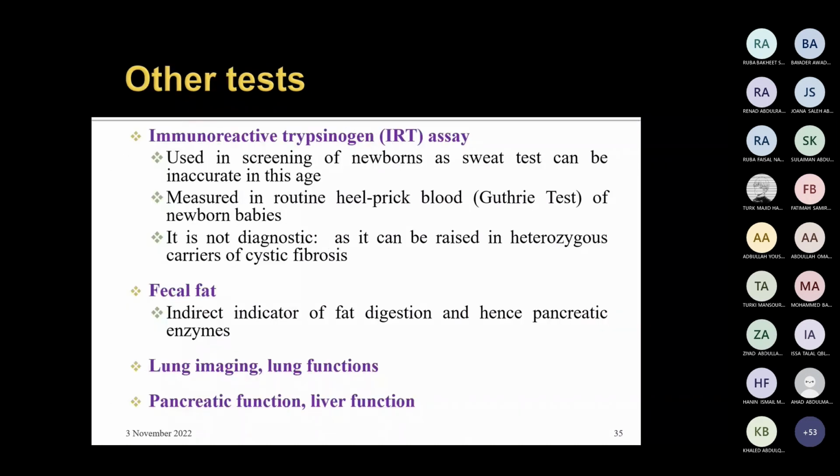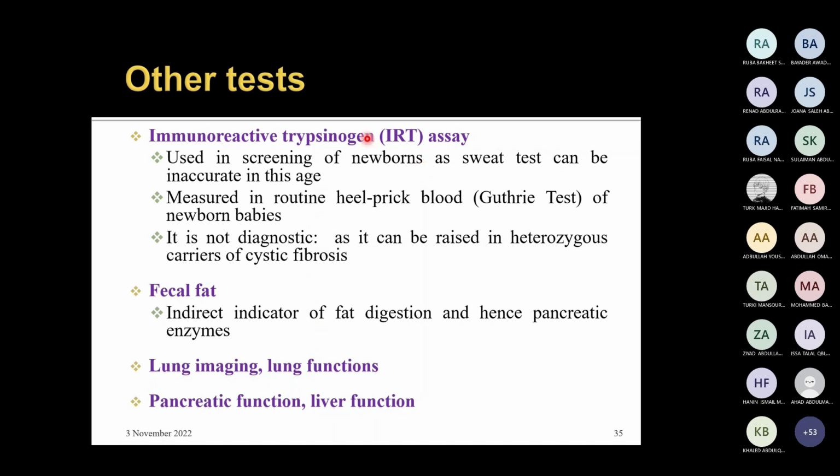This is very important. So other tests you probably come across while studying this case: the trypsinogen assay. Trypsin is one of the enzymes secreted by the pancreas, and the precursor of this is called trypsinogen. The trypsinogen is the inactive form of trypsin that is stored in the pancreas. So what happens when the pancreas cannot excrete this trypsinogen?